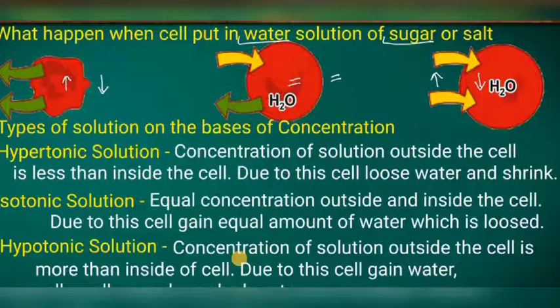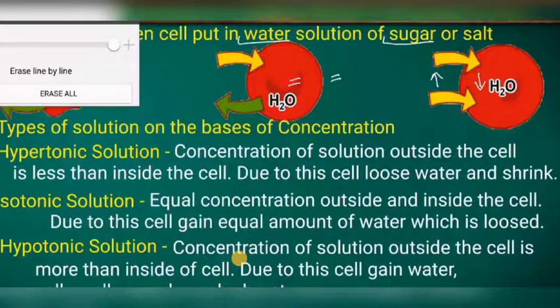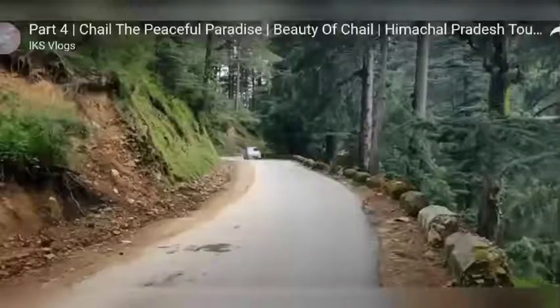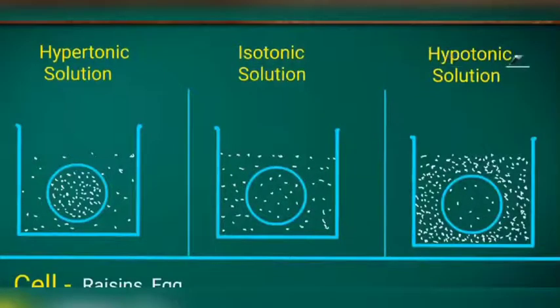The cell swelling occurs, or if excessive water gets inside, then it may burst as well. So these are the three main types according to the concentration: hypotonic, hypertonic and isotonic. Now we will understand it with the figure so you can easily get the idea of how exactly the processes occur.